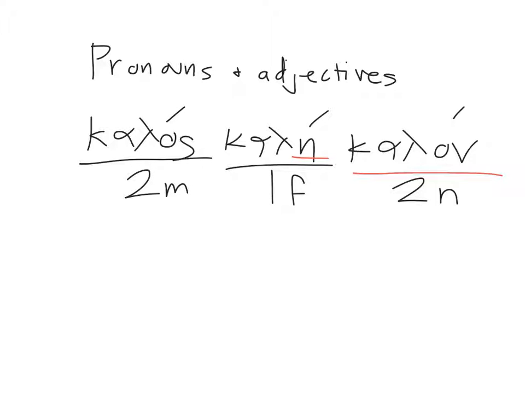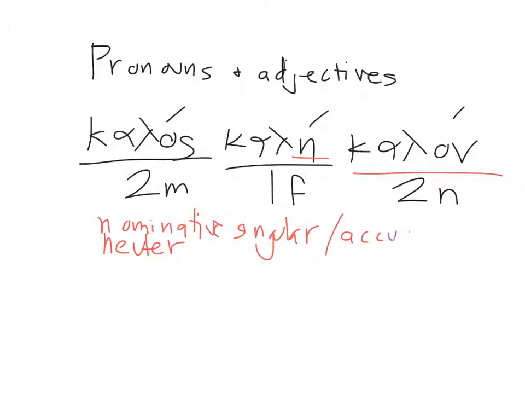The main deviation is that in the neuter, the nominative singular, the accusative singular, which makes sense because in the neuter the nominative and accusative are exactly the same.